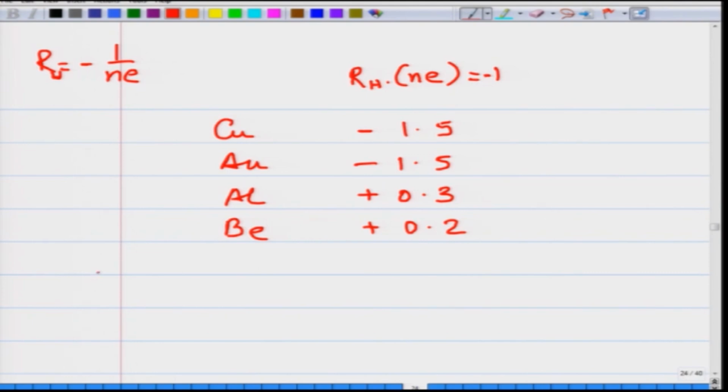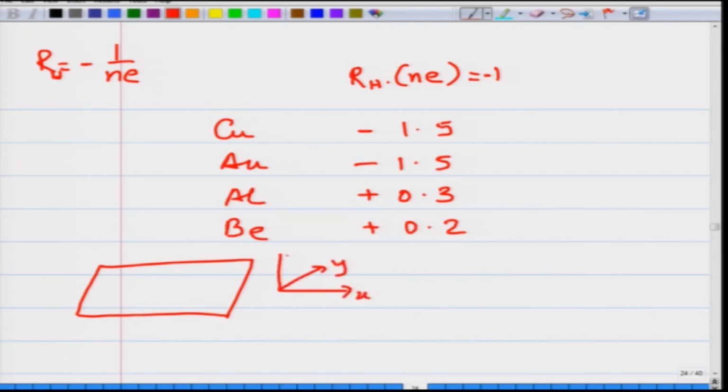If you recall, the negative sign was coming in our system because you had negative charge carriers. If you recall our choice of axis, we go to the new choice of axis, which gives us the negative sign, x, y, z. You have your current flowing like this.